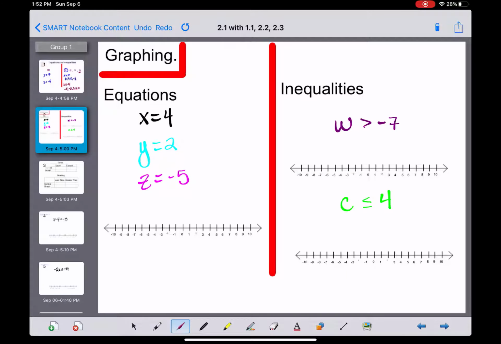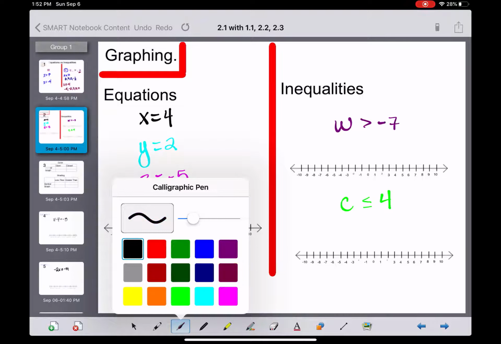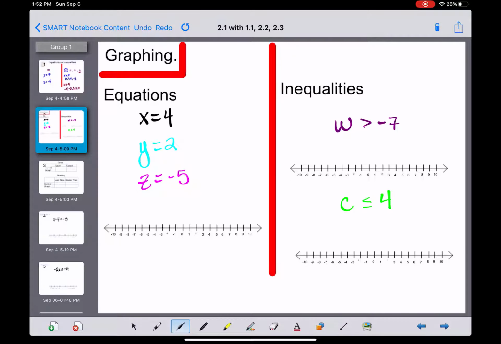Representing that with a graph is also going to look a bit different for equations versus inequalities. So since an equation represents one answer, we're going to represent the solution with one closed dot. So for x equals 4, we're going to go to 4 on the number line and simply make a closed circle.